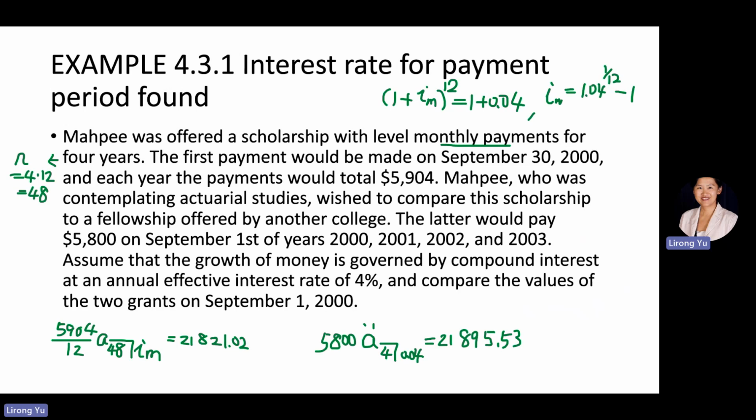All right, so let's look at an example just to derive the formula. In this example, Math P was offered a scholarship with level monthly payments. So here the payment is monthly for 4 years. The first payment would be made on September 30, 2000, and each year the payments would total 5,904.